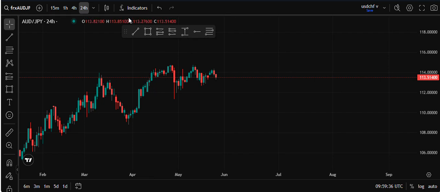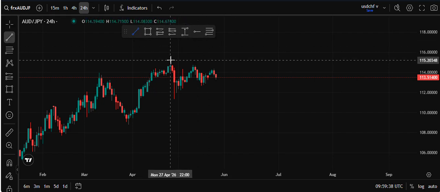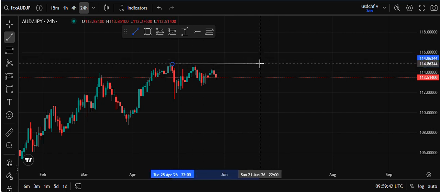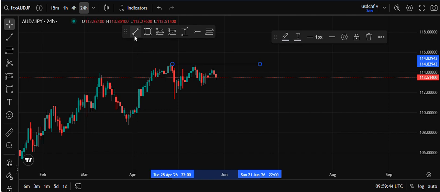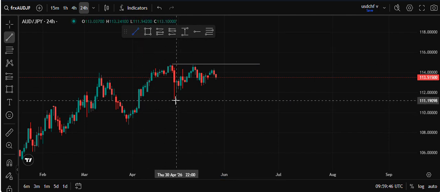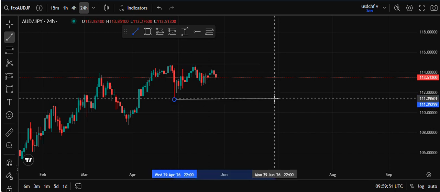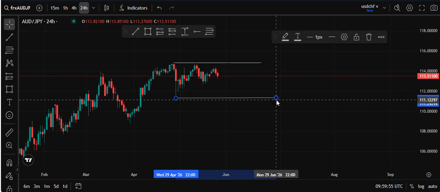But let's use this as our current low. This is our current high. And we use this as our current low. That is the closest low that we can use, yeah.